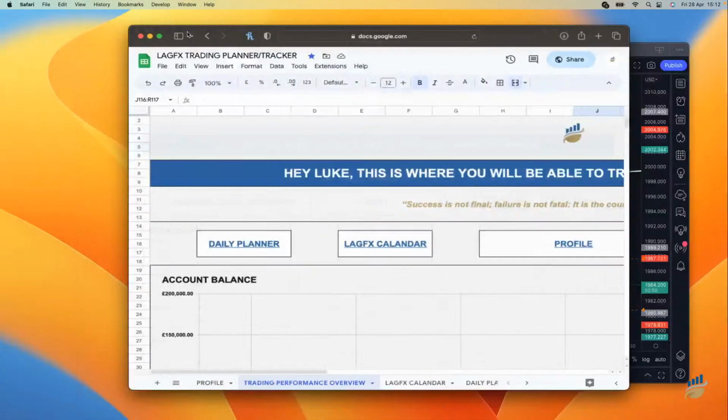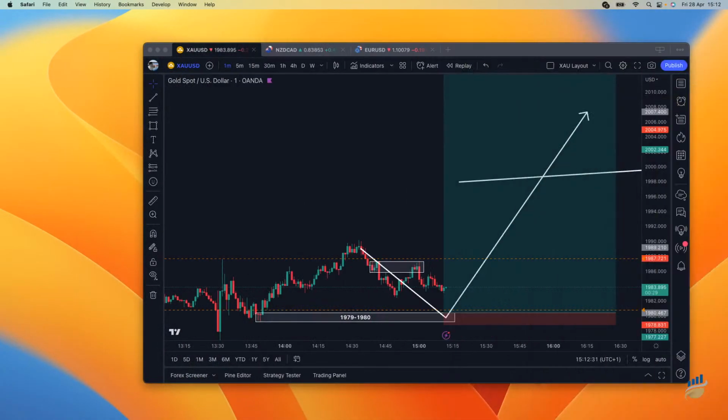Let me just adjust this because there was actually a newer one that I've done more work to. Bear with me two secs. Sheets. There we go.